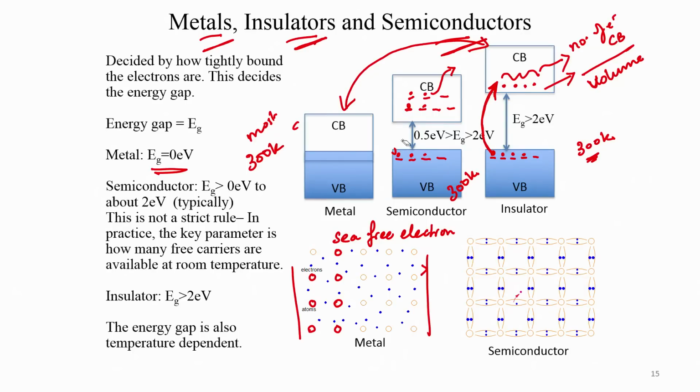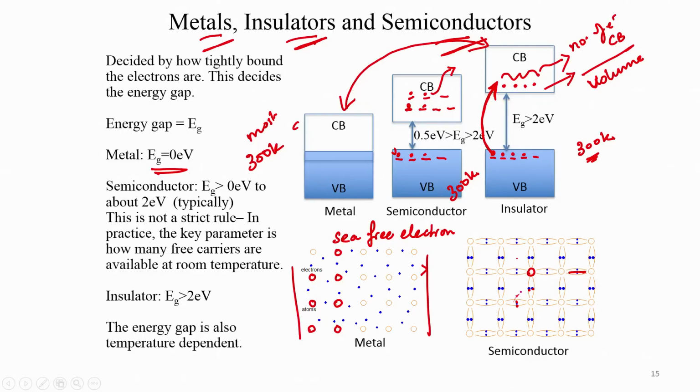And therefore in a semiconductor we will see that the electrons do participate in all your bonding. For example, here we have shown something equivalent to a silicon lattice, and you do have electrons participating in bonding. These are your valence electrons that are being shared and participating in bonding.